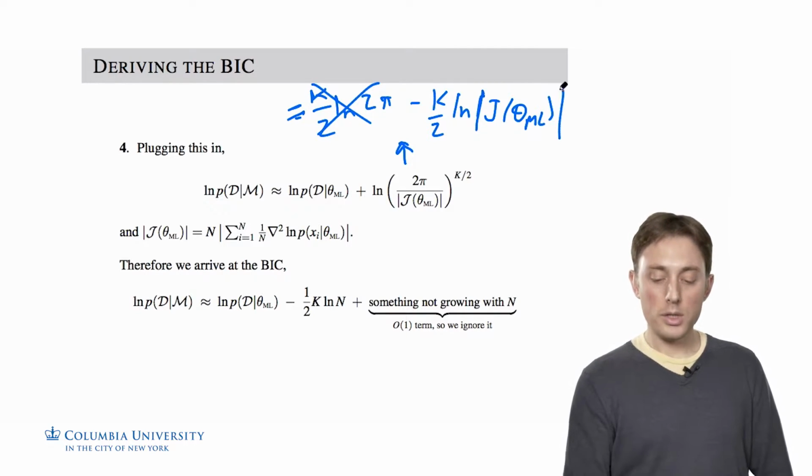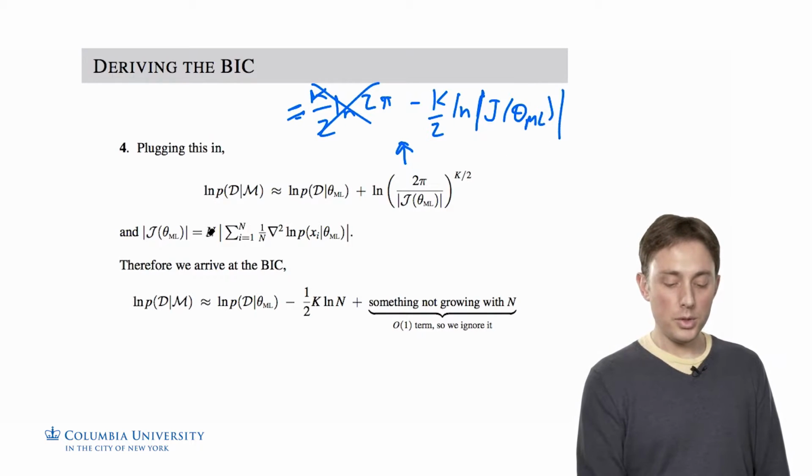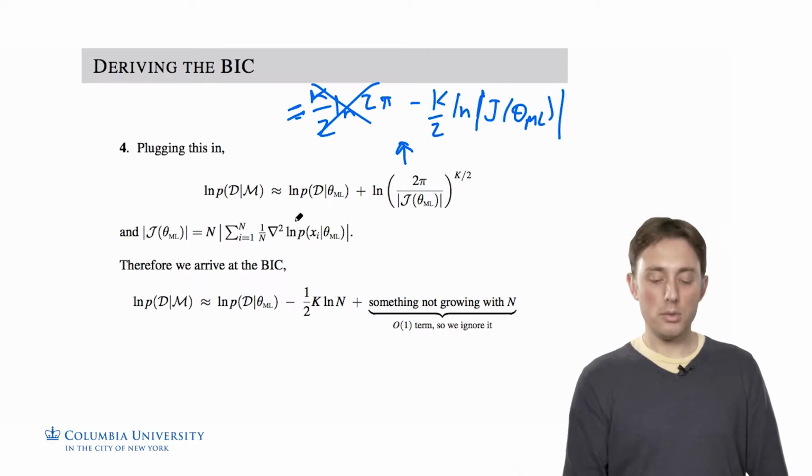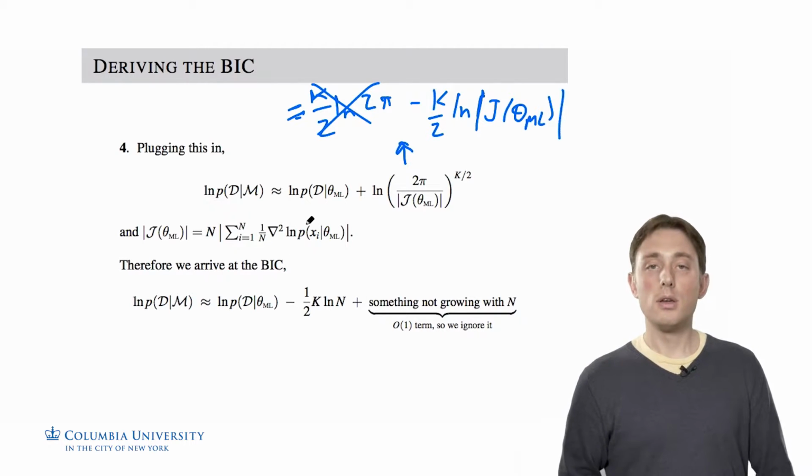And now notice what we can say here, that this determinant is equal to n times the determinant of this average matrix, where we sum the matrix of second derivatives over each observation, and then we divide by the number of observations.